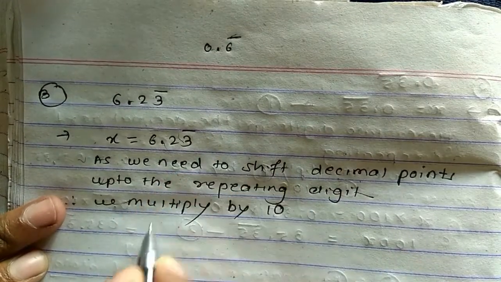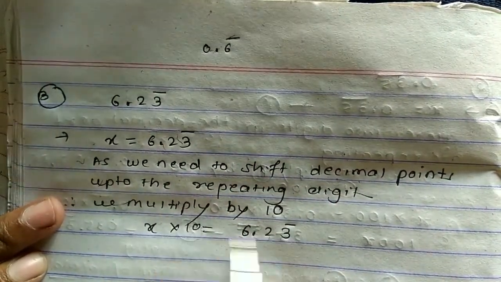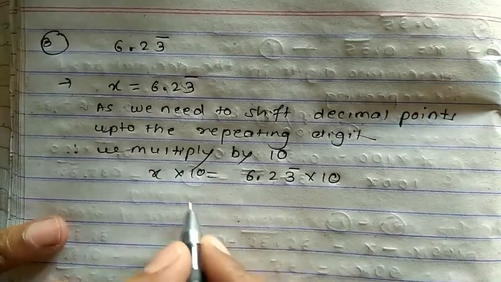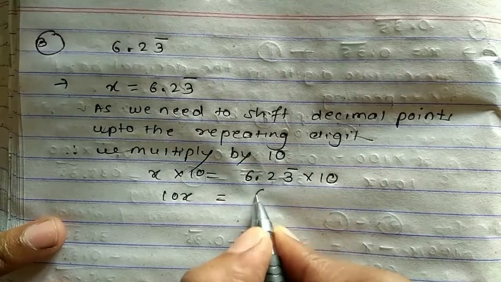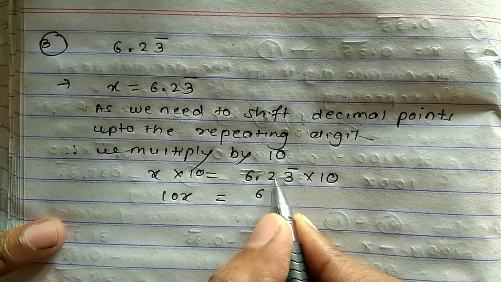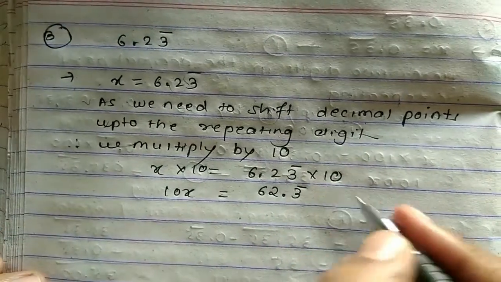So x equals 6.23 bar, into 10. So 10x equals, if you multiply by 10, this point will shift after 1 place, that is 62.3 bar. I'll name this as 1.